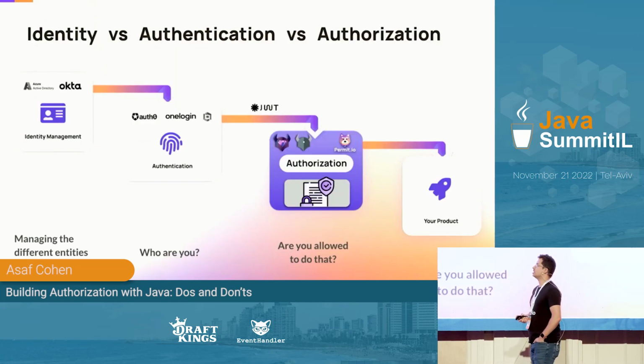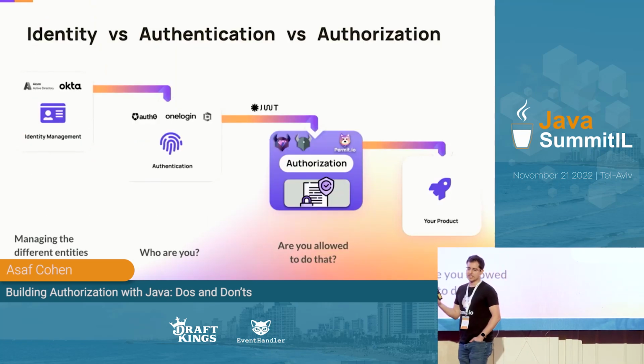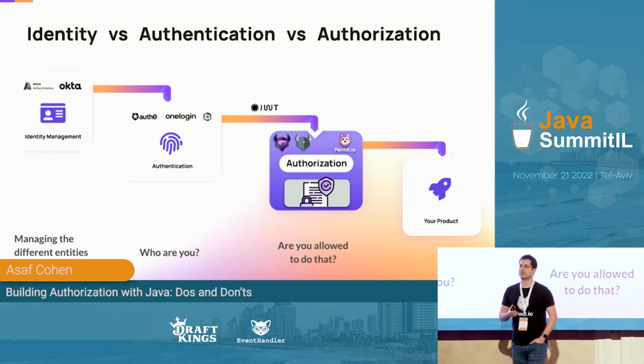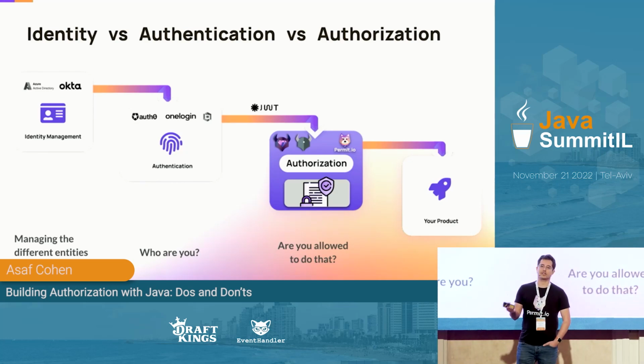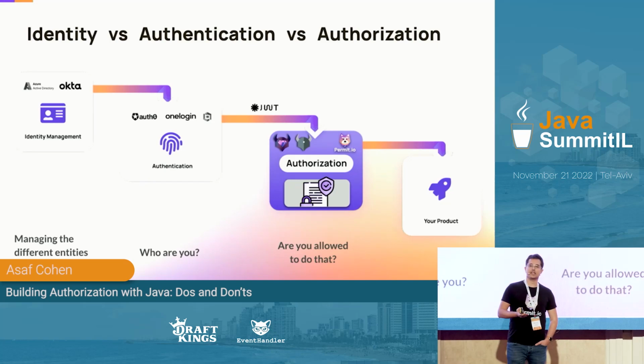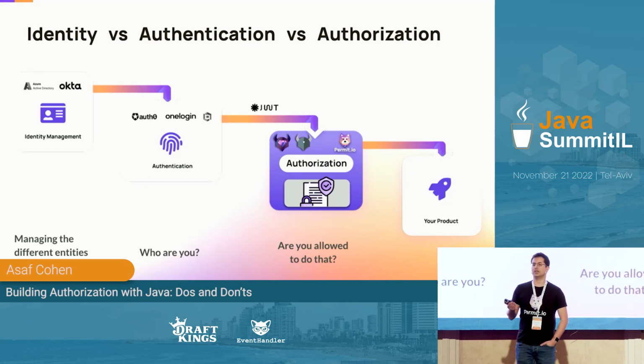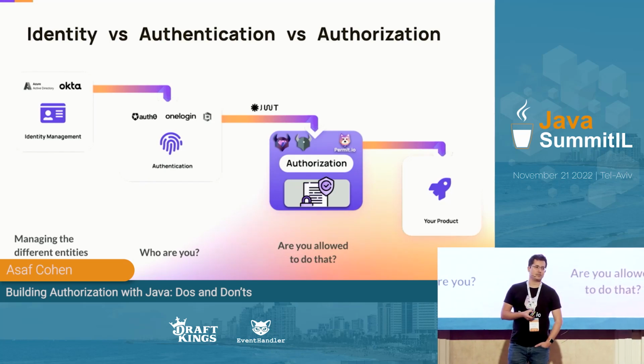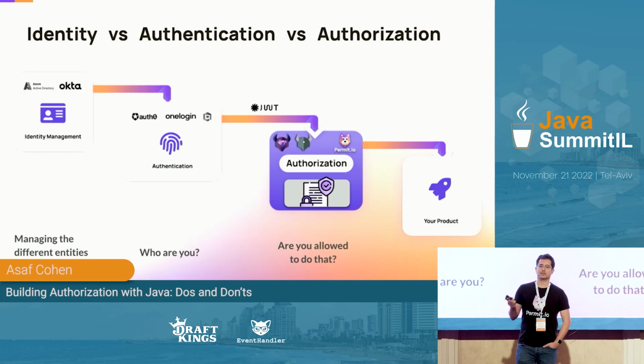First of all, let's explain the terms, because a lot of people are sometimes confused between authentication and authorization. Authentication handles who you are. Every time you use Face ID on your phone, your identity is verified, or every time you enter your user password at a login form, or log in with Facebook or Google, this is authentication.